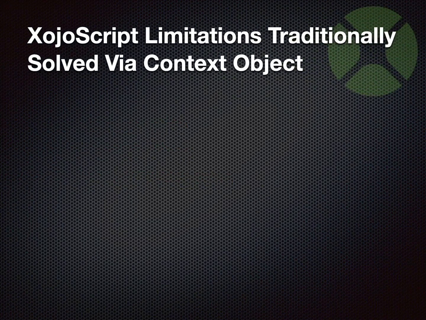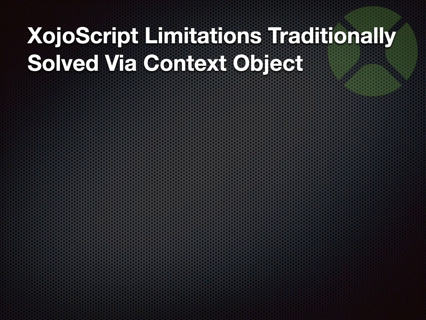There are some ways around that, and how many of you have used the context object? You know what the context object is? Okay, the context object is definitely something when you're getting started with XojoScript, it's a little confusing. But the best way I look at it is just imagine your XojoScript is running in a little sandbox over here in the corner.